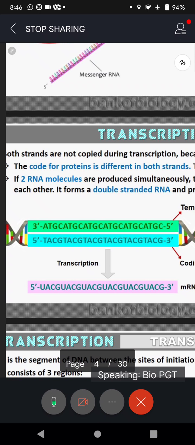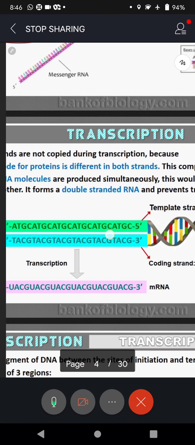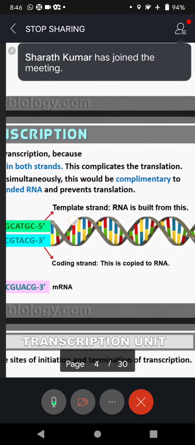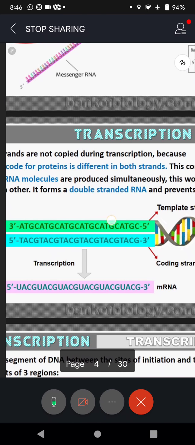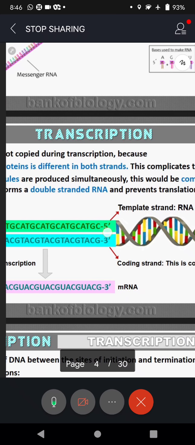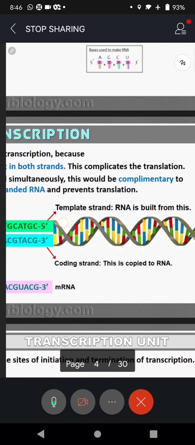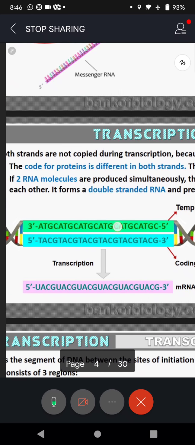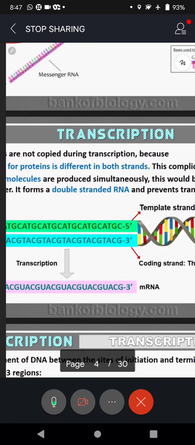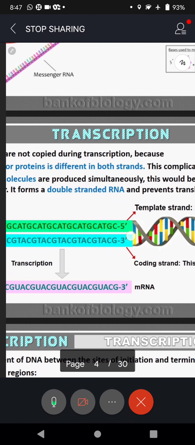That is the code language for protein synthesis. And this complicates the translation process. If 2 RNA molecules are produced simultaneously, they would be complementary to each other. It forms a double-stranded RNA and prevents translation.